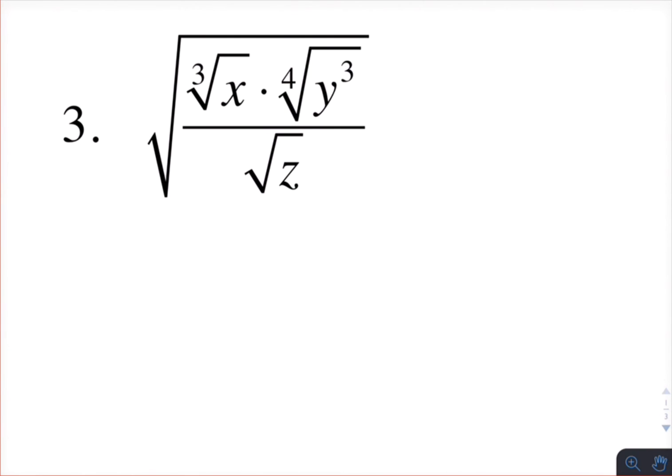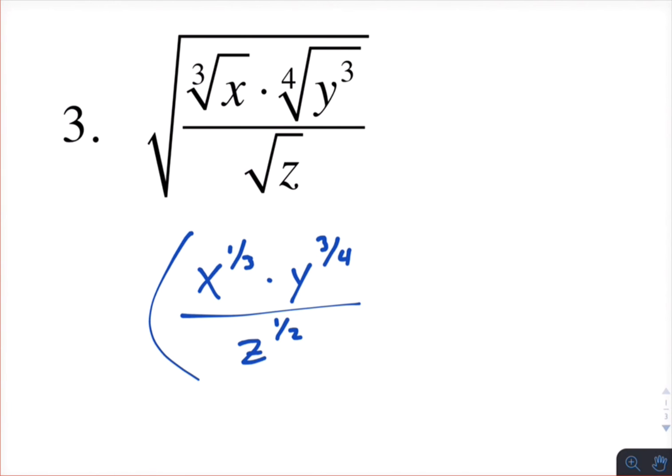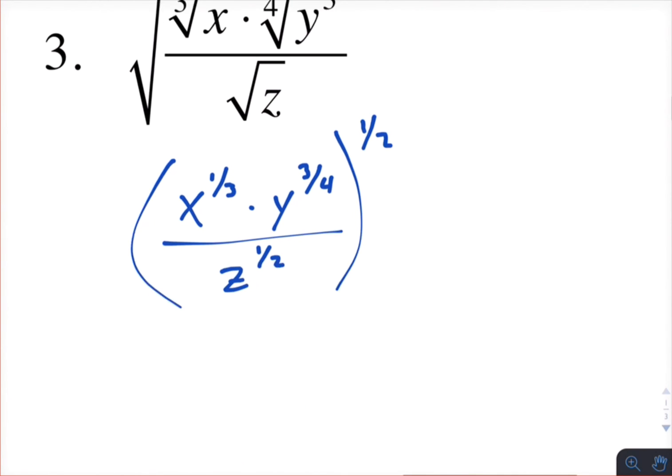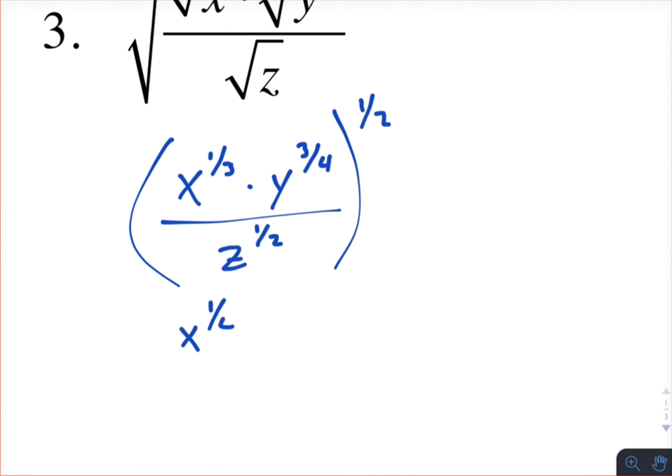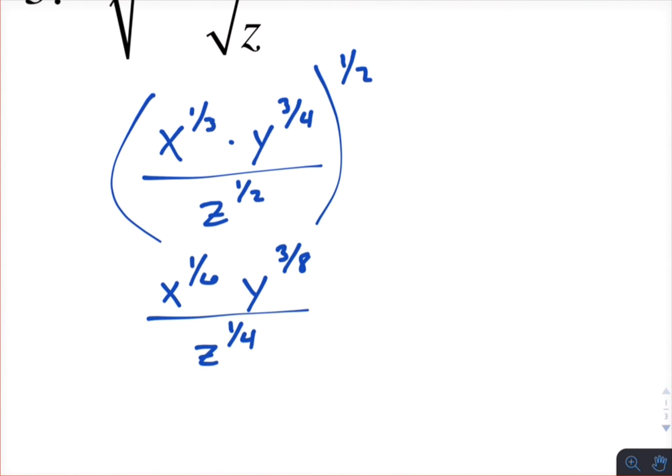And the last example here, x to the 1/3 times y to the 3/4 over z to the 1/2, and all of that is being raised to the 1/2. So x to the 1/6, y to the 3/8 over z to the 1/4. And so if I get a common denominator of, what's that going to be, 24?